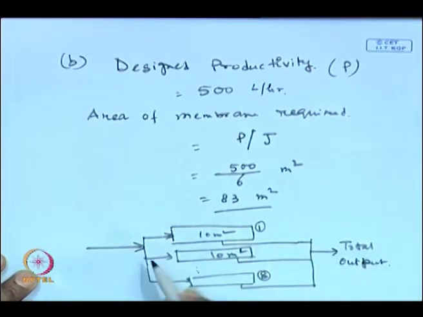So, if you put all these modules in parallel, with 10 meters square each, you have to put 8 modules in parallel, and we get the total output, that is the 500 liter in 1 hour. Okay. So, that goes the first problem.